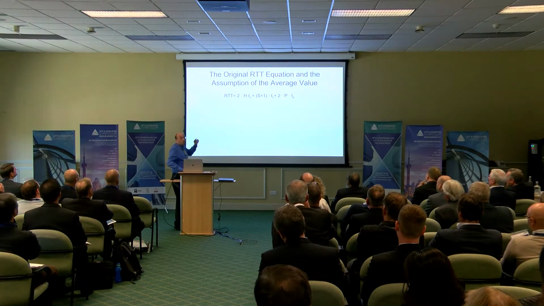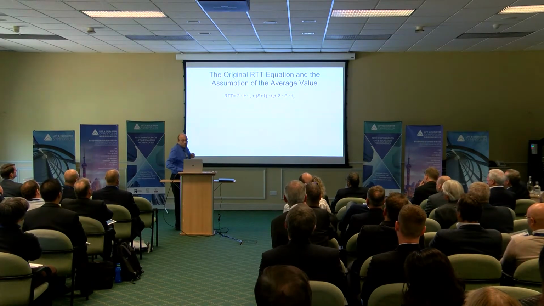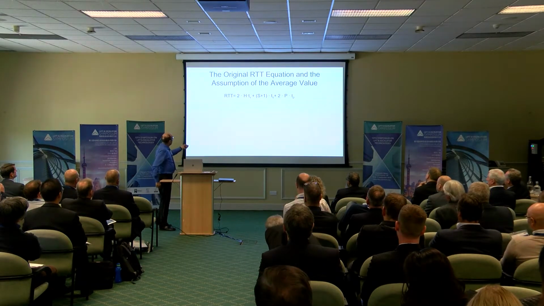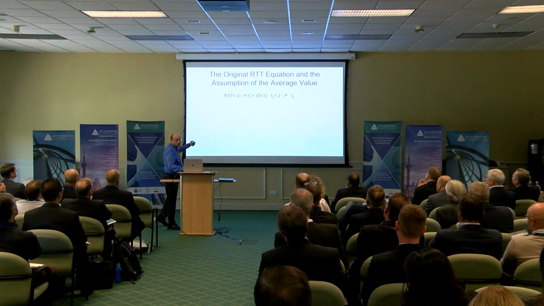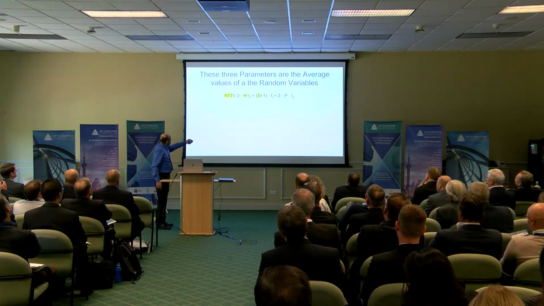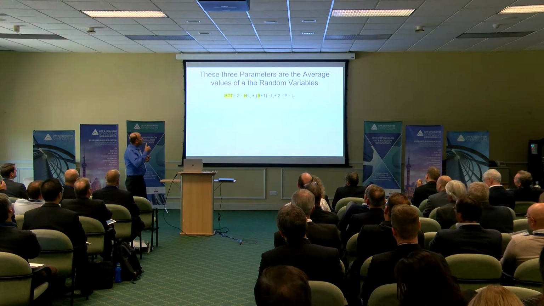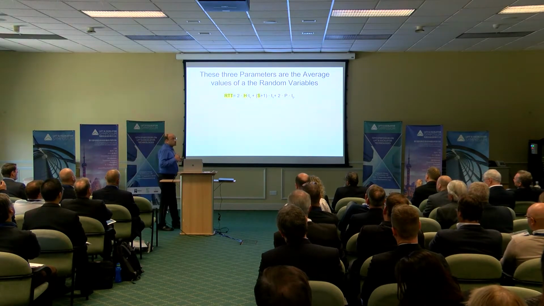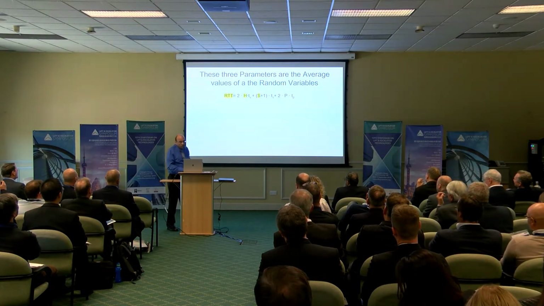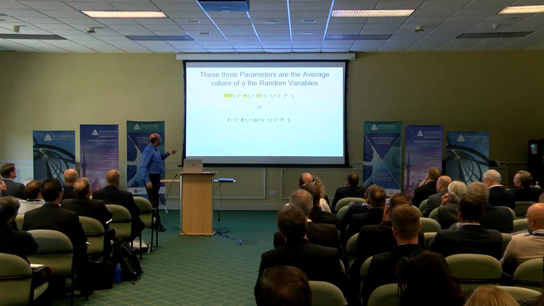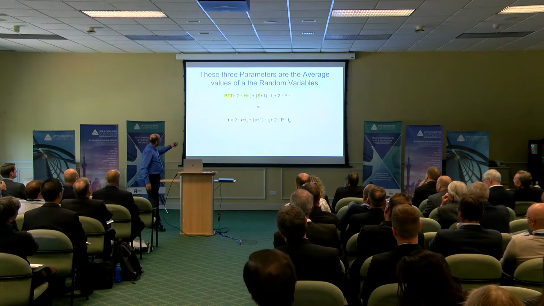If we look back to the 1972 equation from Barney and Dos Santos, we have H, we have S, and we have RTT. What we're assuming here is that H is a constant, an average, S is an average, and thus RTT is an average. But in reality, in every round trip, T is a random variable, which is the round trip time.